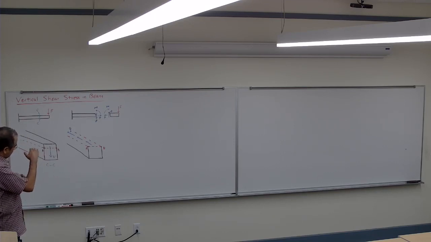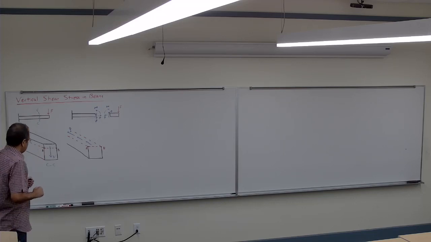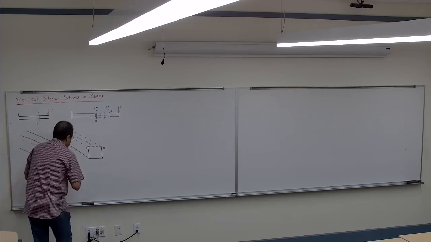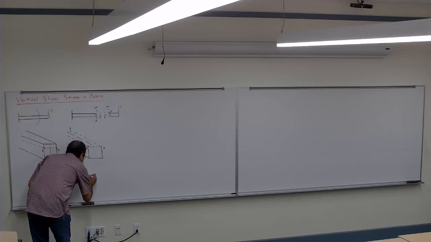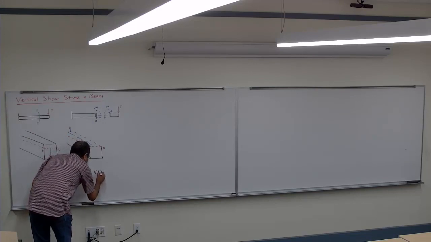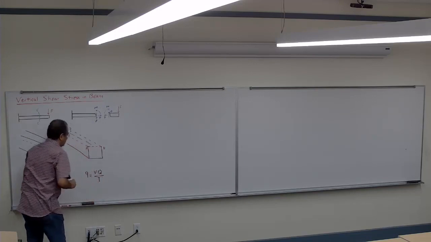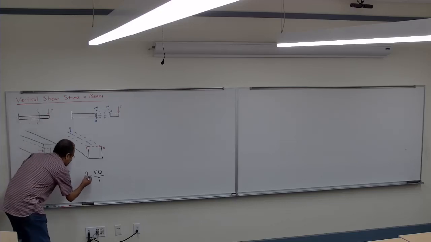I know that I'm going to have a horizontal shear force on that interface. What was the Q? It was VQ divided by I. That was the magnitude of the Q.